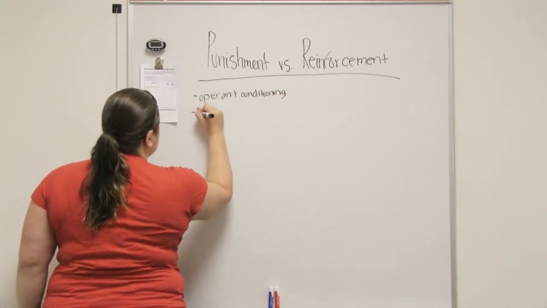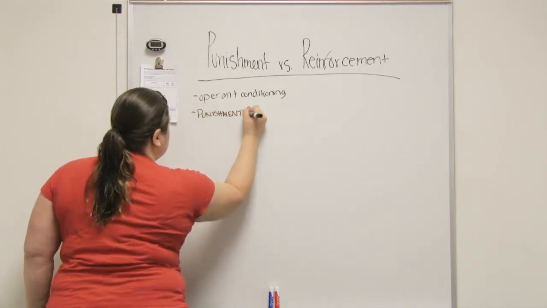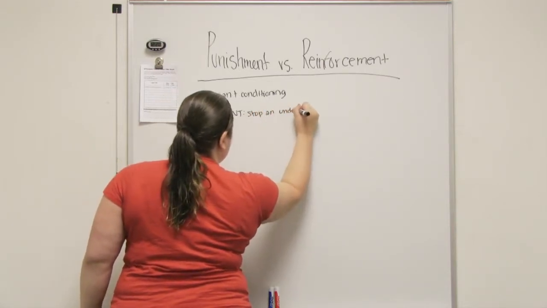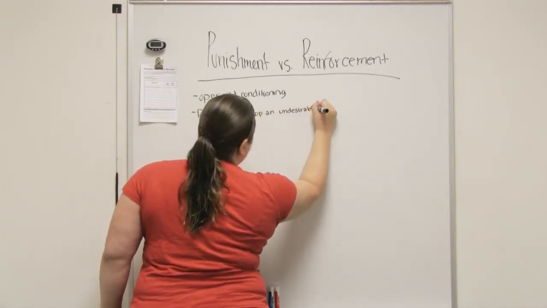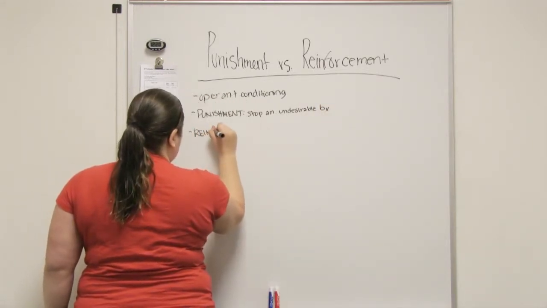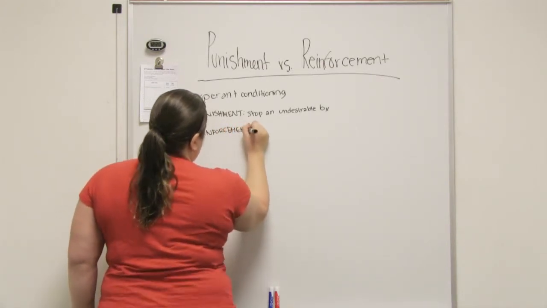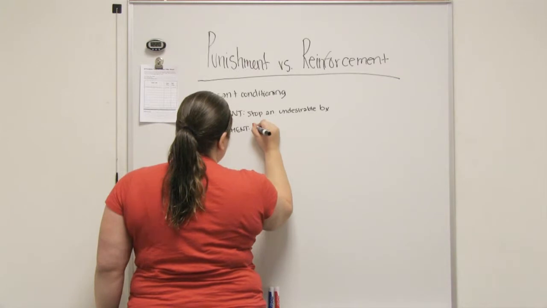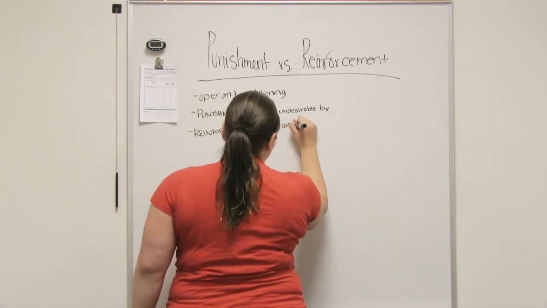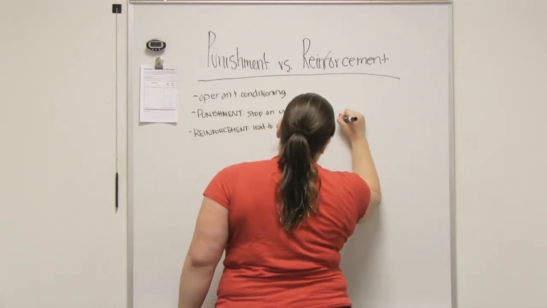So punishment is meant to stop an undesirable behavior, whereas reinforcement is meant to lead to a continuance of a desirable behavior.